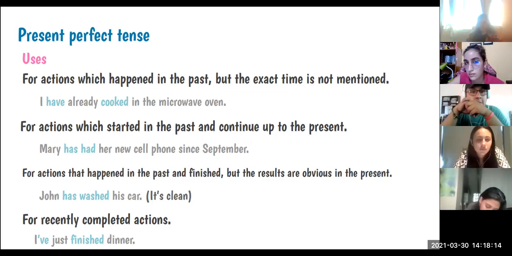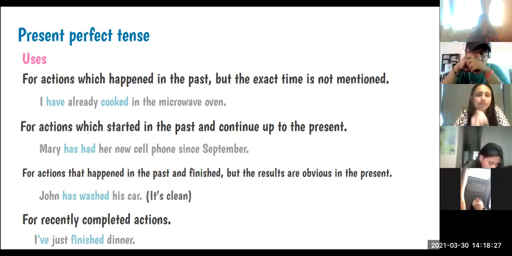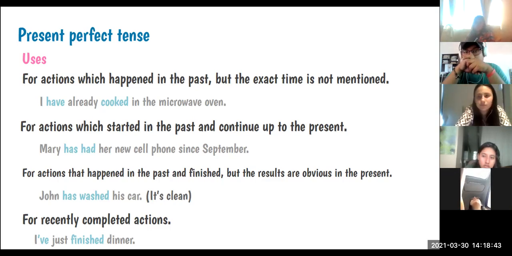Nicole has been in the university. Okay, but it's a little bit incomplete. Ella ha estado en la universidad desde... But teacher, this sentence is an example of the second form, and it's wrong. Again, please.